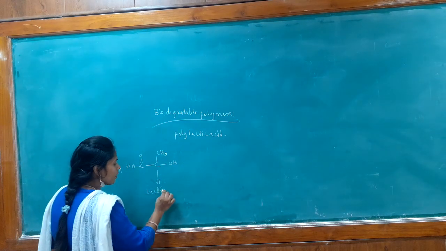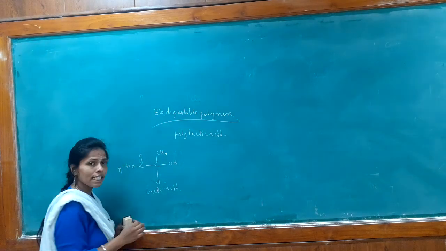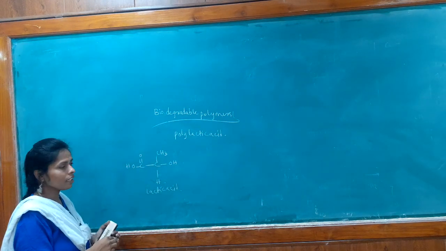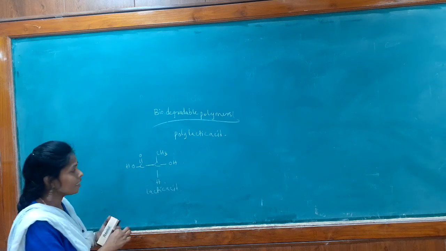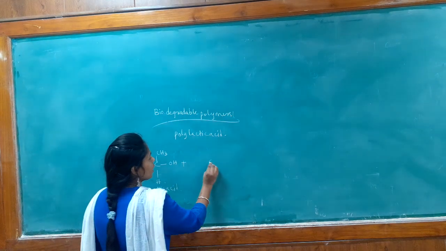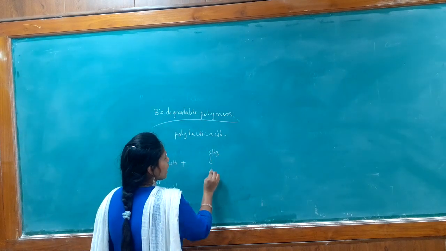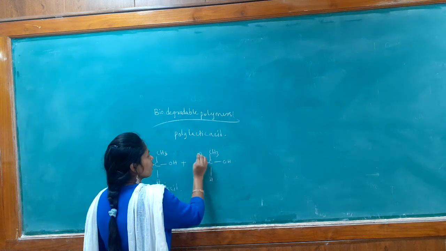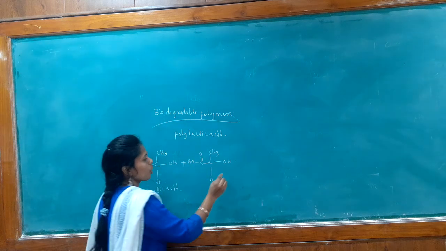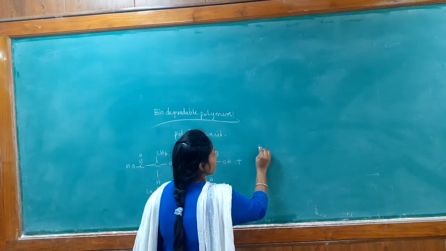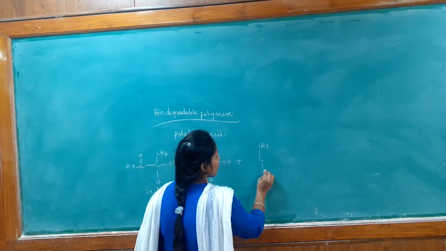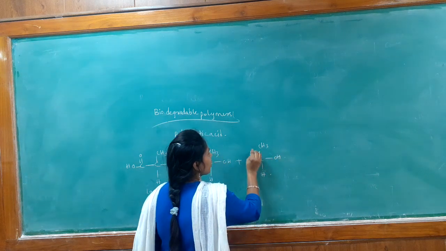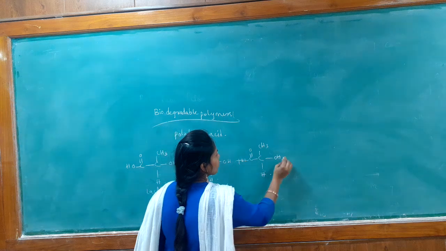This lactic acid undergoes condensation polymerization. To represent the condensation polymerization, let us write the lactic acid structure 3 or 4 times to show the removal of water molecules, repeating for n number of times.